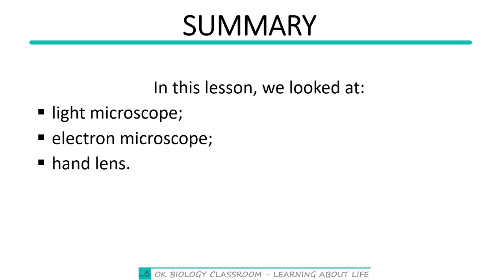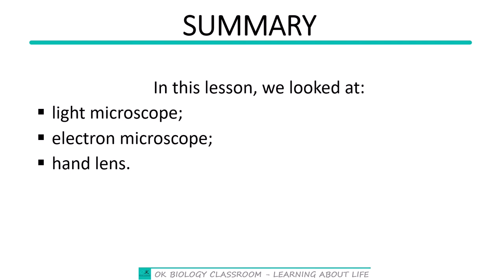Then the compound light microscope, we talked about two lenses for magnification, the eyepiece and the objective lens. And for electron microscope, we looked at the transmission electron microscope that passes electrons through the specimen, and the scanning electron microscope that scans by casting electrons onto the specimen for them to be deflected and detected.